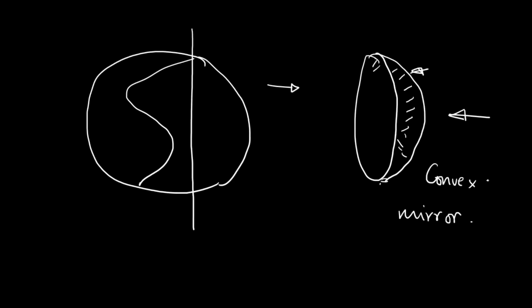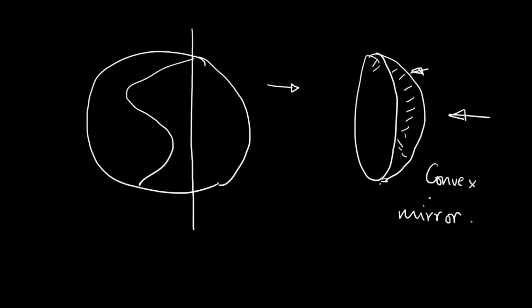If I silver it on this side and look from this side, then it's a concave mirror. And if I silver it from the inside and look at it from the outside, then it's a convex mirror. This is another way of imagining this.